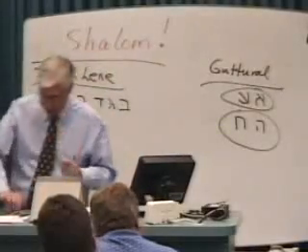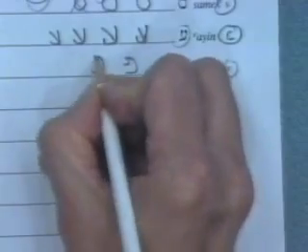Okay, pe. Next letter. Pe, as you might have guessed, is the P sound, and it's written this way. It's really kind of a round, like a kaf was, except it's got a little hook in the top. Okay. Now you'll see that the printed P has the hook going in. Most handwritten P's have the hook going out.